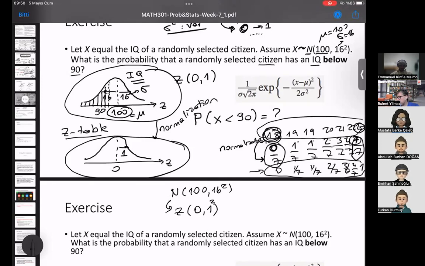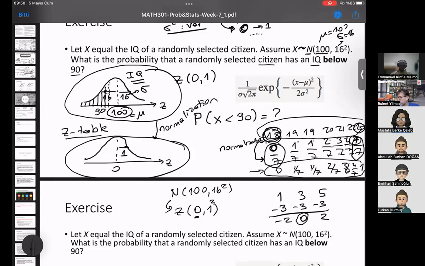If you subtract 100 from each data point, what do you get? You're going to get a 0 mean distribution. You see, guys, 1, 3, 5. If you subtract 3 from each, what do you get? -2, 0, 2. Now my mean became 0.